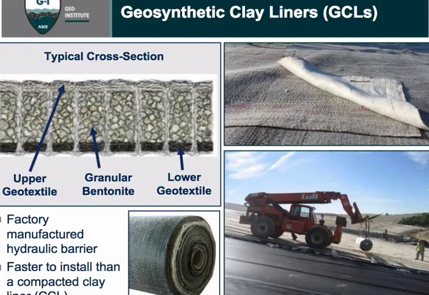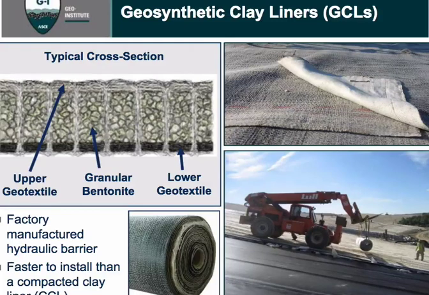The arc of this presentation is around geosynthetic clay liners, and we've got a few presentations today about GCLs, as we're probably all going to abbreviate them. I'm going to spend a few minutes going through some background on GCLs. Geosynthetic clay liners, if you aren't familiar, are factory-manufactured hydraulic barriers.